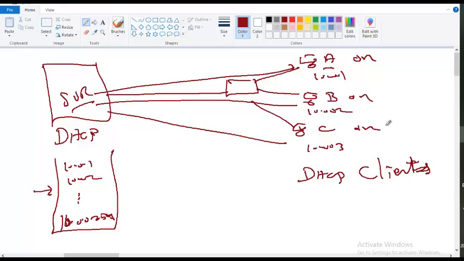So how many clients can you have? You can have up to 254 clients. Right now you have 3 clients and you got 3 IP addresses, one for each client. The IP address is dynamically configured. See, in a large organization or small, nowadays we don't assign IP addresses to our laptops.